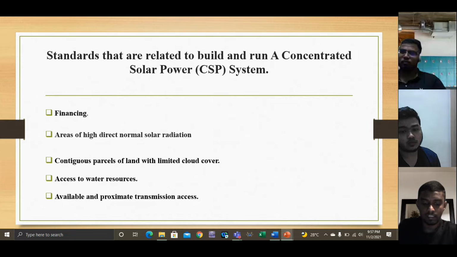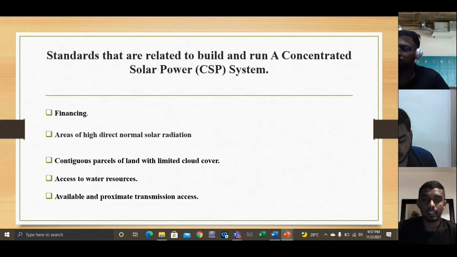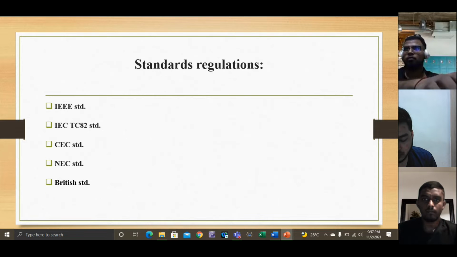Most of the existing transmission infrastructure in the Southwest is at full capacity and new transmission is urgently needed. So these are some of the standards that are needed to run and build the CSP power system.